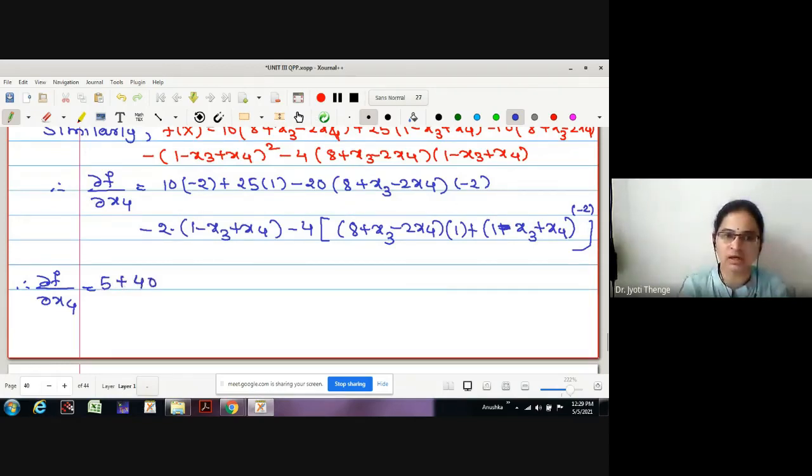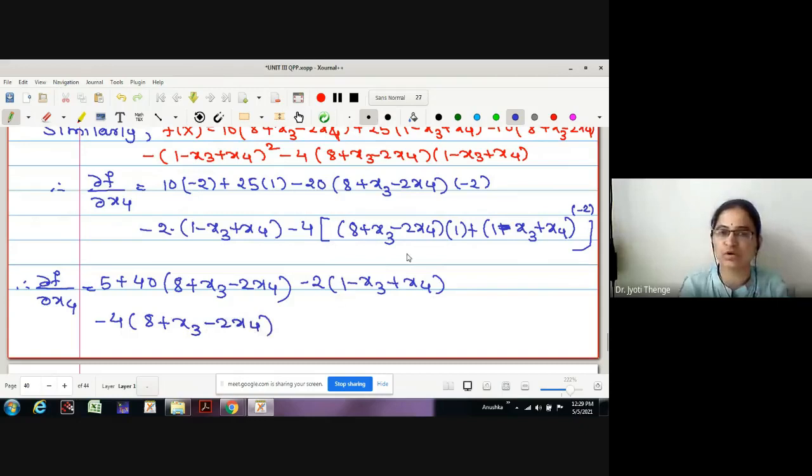This is 40 times 8 plus x3 minus 2x4. Next, minus 2 into the bracket as it is. Let us multiply by minus 4 to this bracket. Therefore, this is minus 4 times 8 plus x3 minus 2x4. Now this is minus 2 into minus 4, is it plus 8, into 1 minus x3 plus x4. Okay.